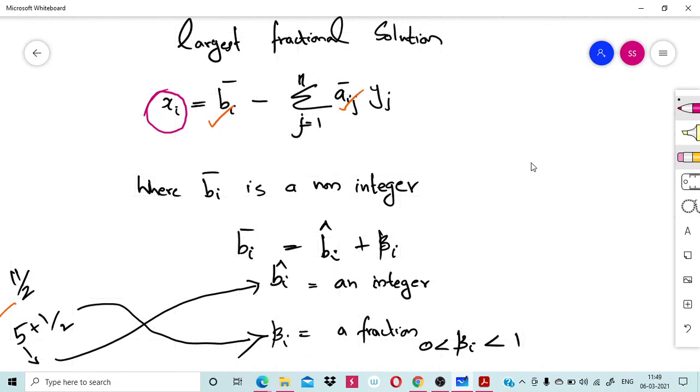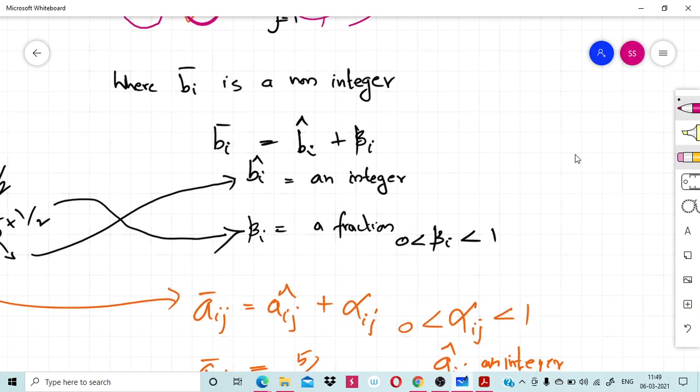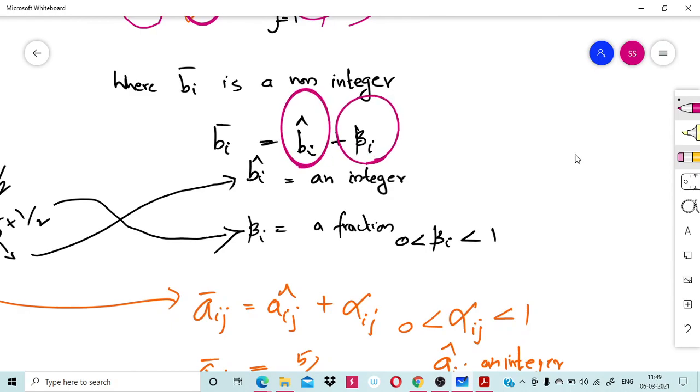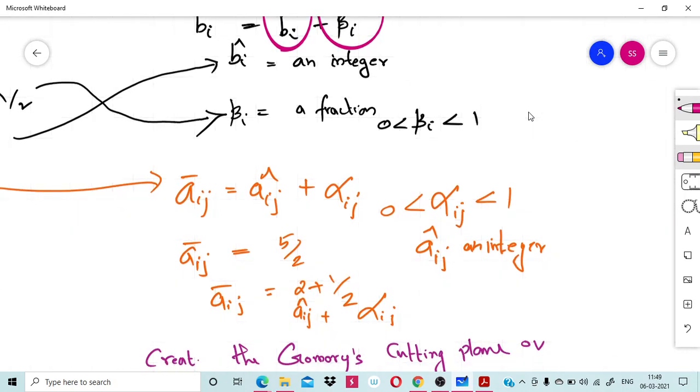Once you get this bi bar and aij bar and yj, from that you will get bi cap and this beta I, and similarly aij cap and this alpha ij also.